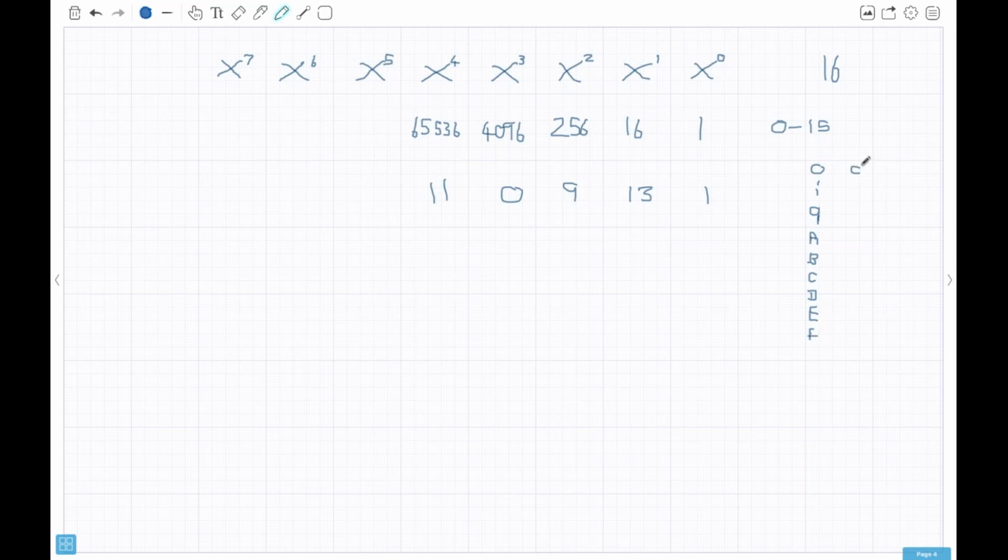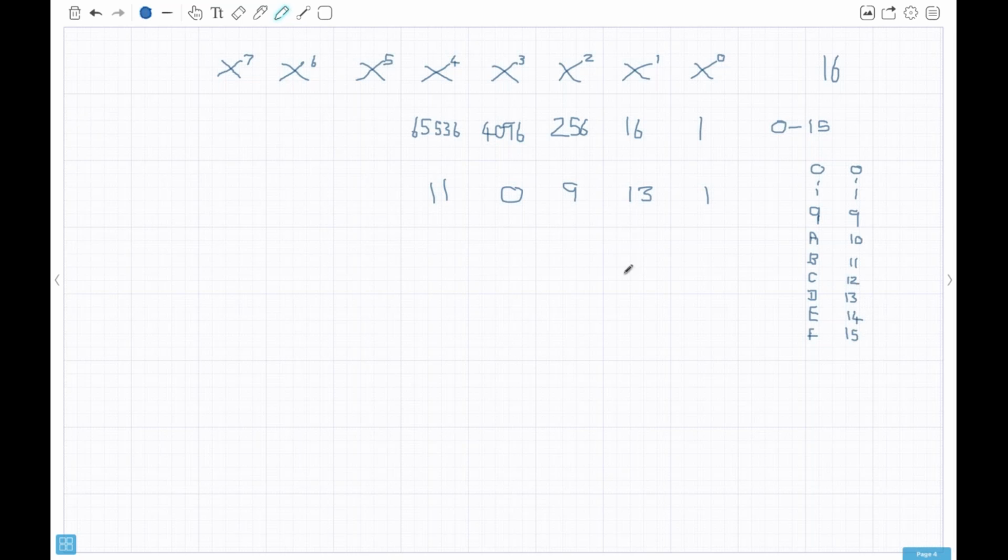So these represent 0 to 9. A represents a decimal value of 10. B is 11. C is 12. D is 13. E is 14. And F is 1 minus the base, which of course is 15.